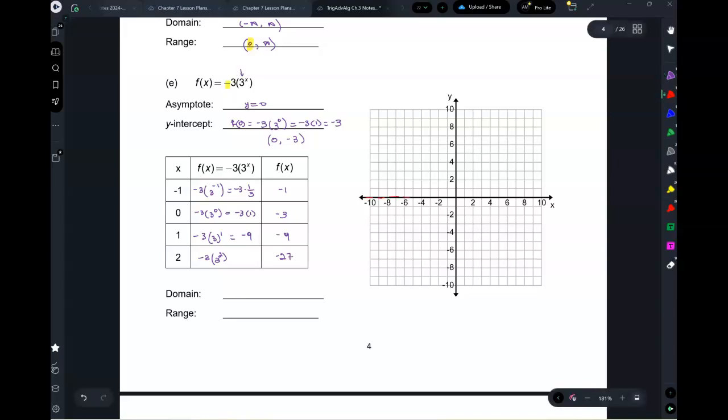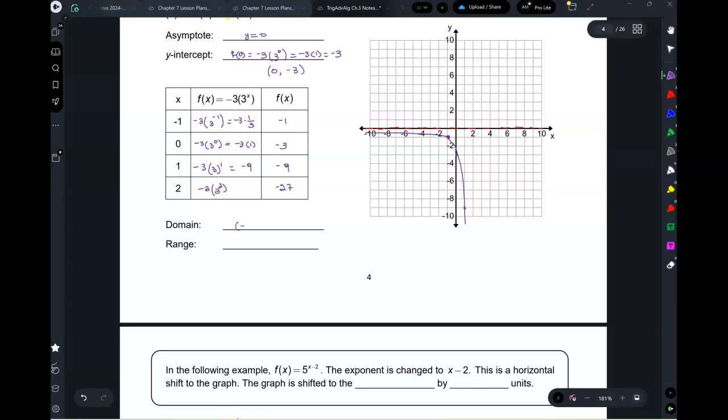Okay, so here we go. Asymptote, lovely. At -1, we're at -1. At 0, -3. At 1, already at -9. That -3 in front really makes it go down even faster. And I graph like this, and there you have it. Okay, domain, always all real numbers.